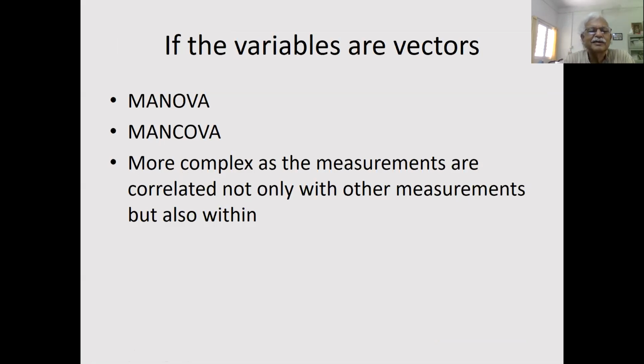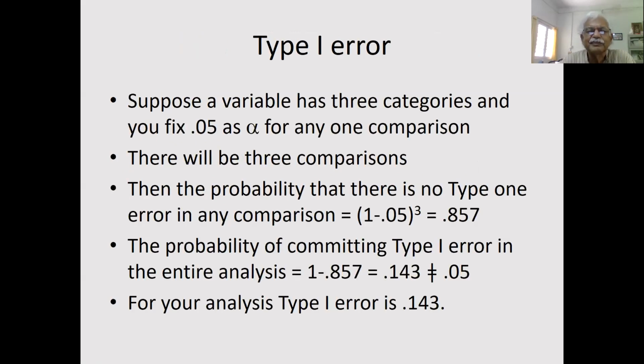The multivariate version of analysis of variance is called MANOVA, and the multivariate version of analysis of covariance is called multivariate analysis of covariance. The computer does everything for you, but you must know the logic part.